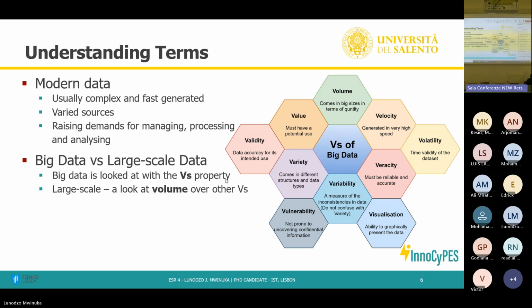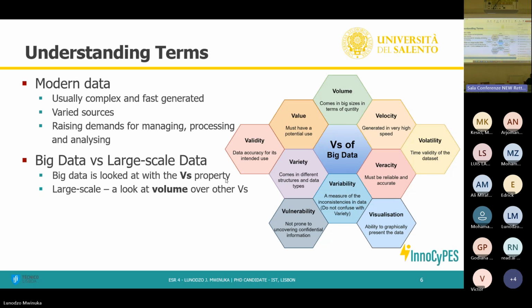But our topic, if you remember, is large scale data management. There are different perspectives on what is large scale data and what is big data. Generally there is not much difference, but when we speak of large scale data, we expect very huge volumes.